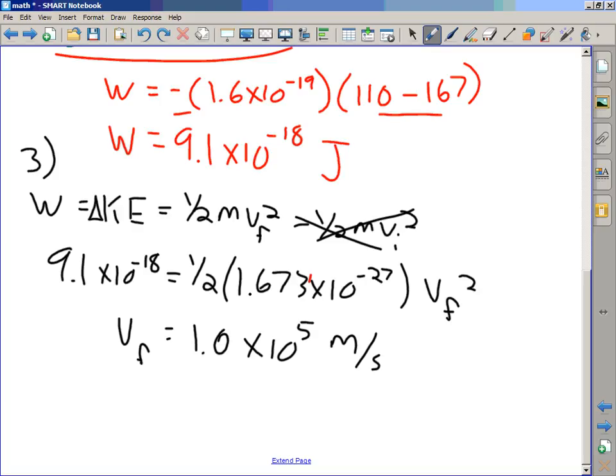Now, last question you have to ask: is it realistic? An unrealistic answer that you might question yourself, and then question me if I set it up wrong, would be anything times 10 to the 8th. The speed of light is 3.0 times 10 to the 8th. Anything greater than the speed of light, not happening. Whenever you start approaching the speed of light, you're getting into relativity.